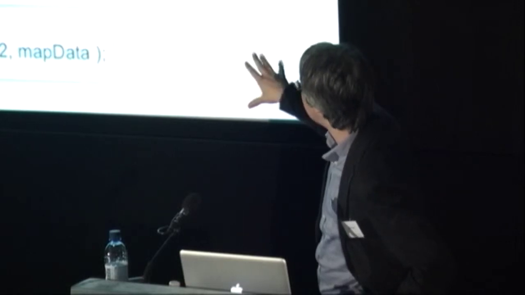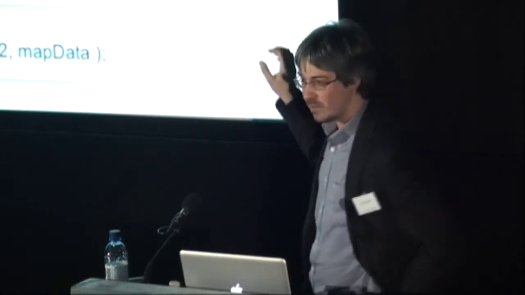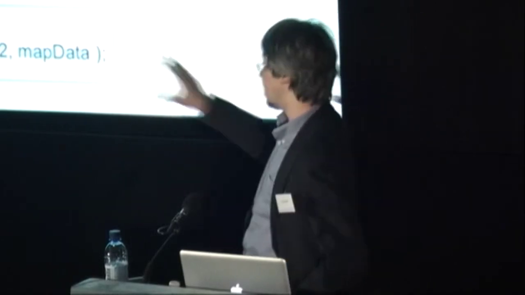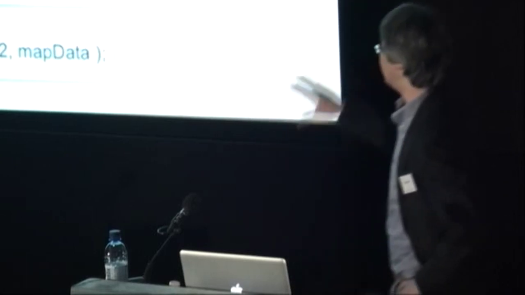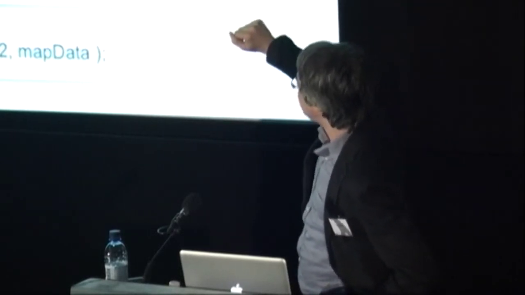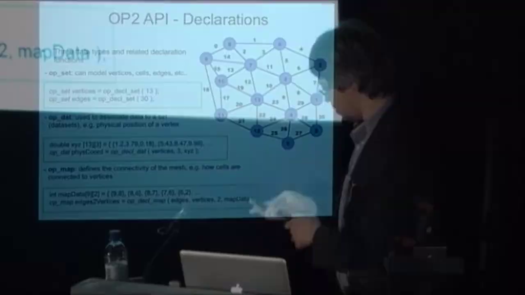For instance, in this case, I'm showing you the declaration of a map between edges and vertices. So at the end of the day, what you need to pass OP2 is an array of pointers, of indices, telling, for instance, that edge 24 is connected to vertices 12 and 4.